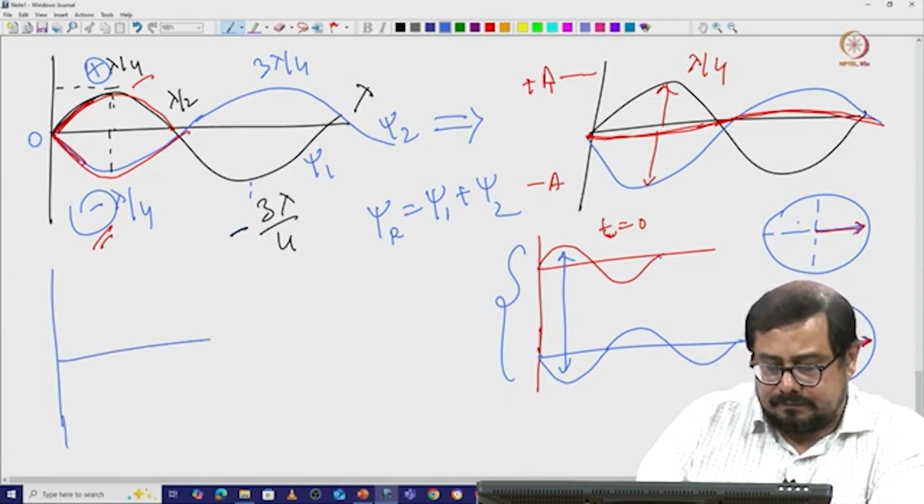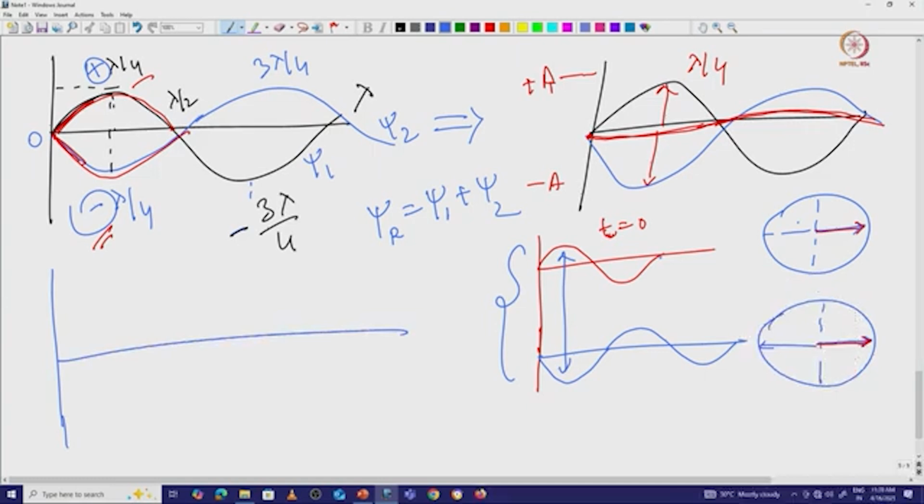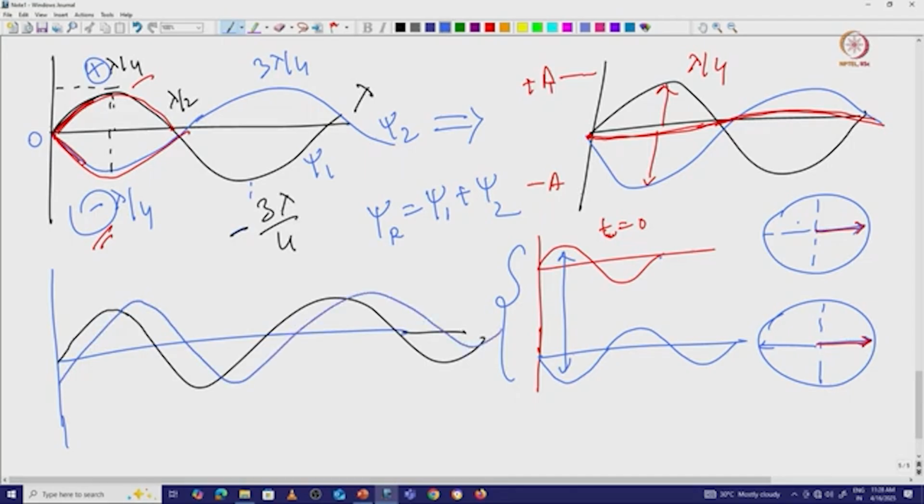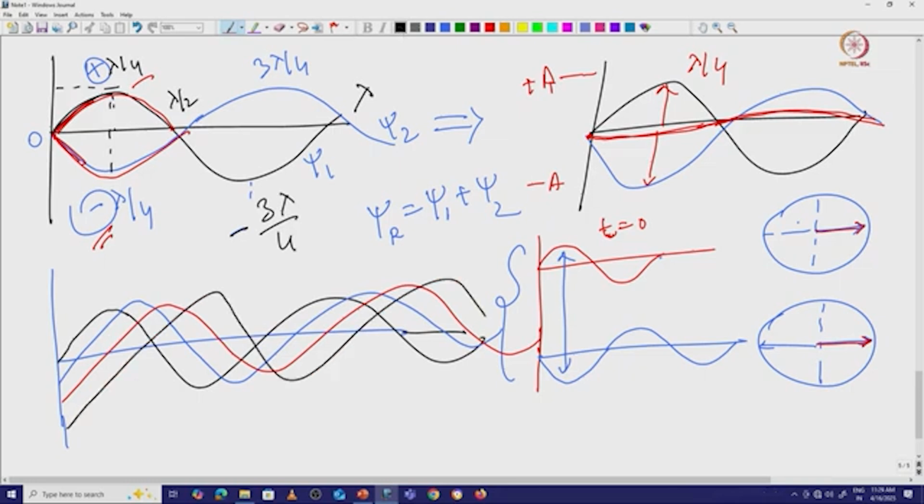First thing first, I will draw a wave here. As I drew it previously, this is the wave going. Okay. Now this is the next wave. Now this is the third wave. Now, I will draw a fourth wave. Okay.